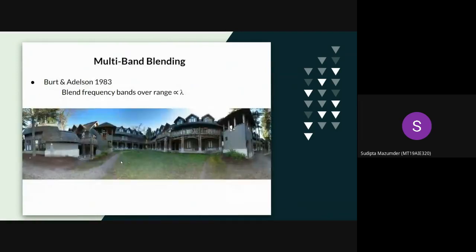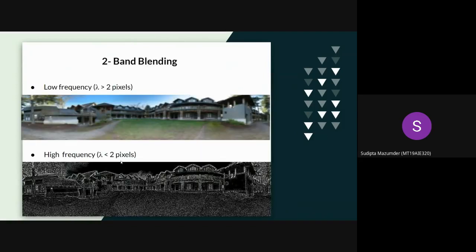So if you go to the next slide, now we can see that this multi-band blending was actually given by Burt and Adelson in 1983, where we use a blend frequency which varies over a range of delta. Moving on to the next slide, the authors in this paper have used a two-band blending.